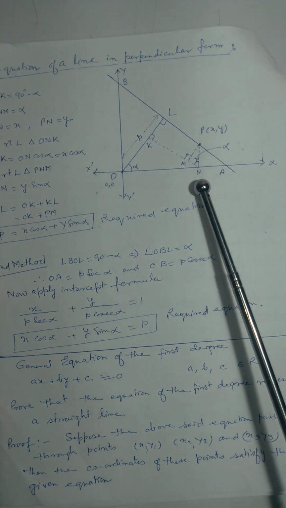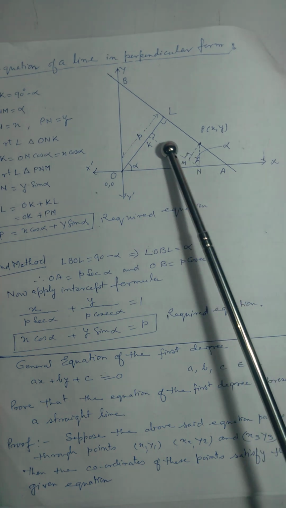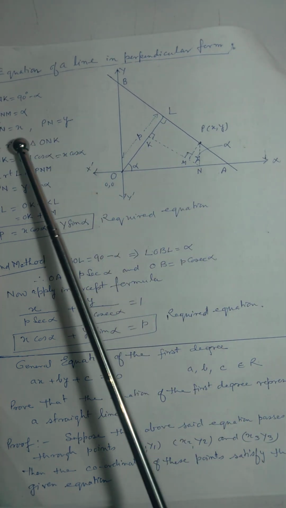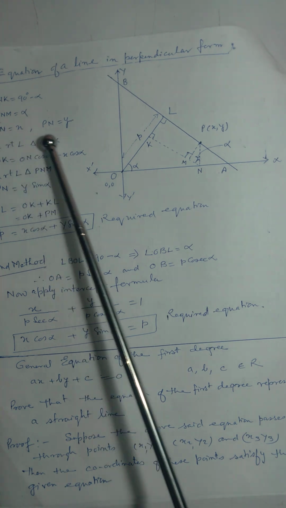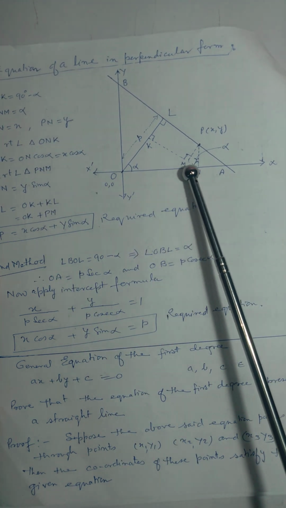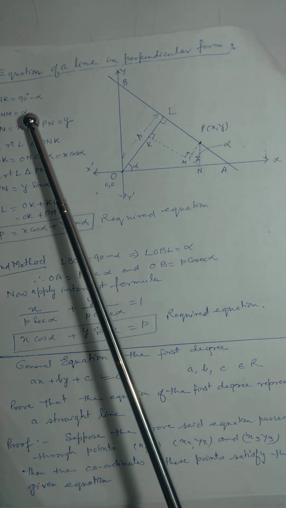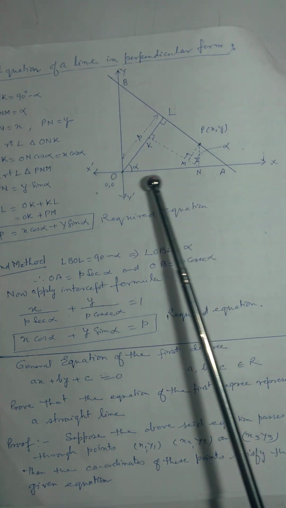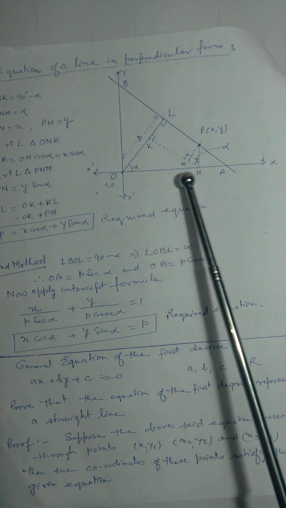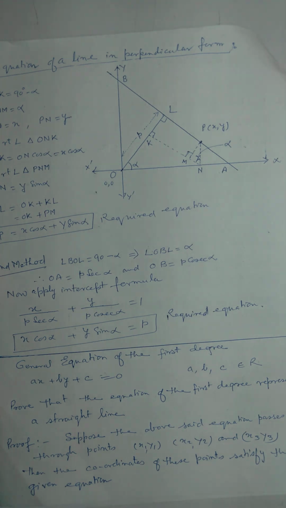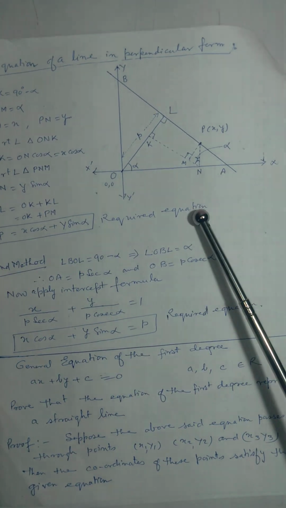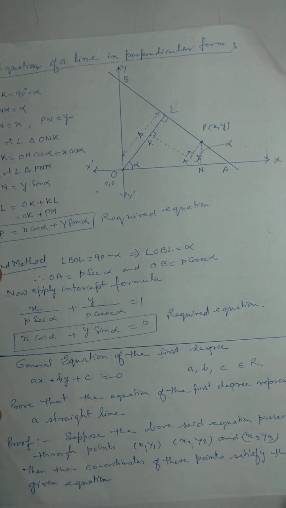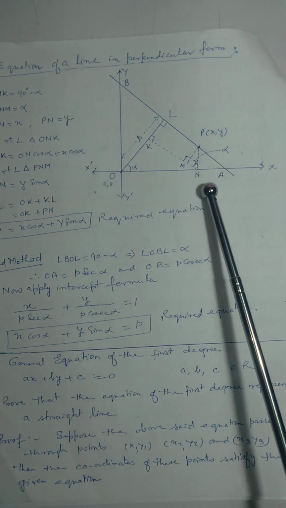I have dropped a perpendicular to the x-axis, with foot N, and from P a perpendicular to OL, whose foot is M. So ON is equal to x, the abscissa, because the coordinates of the point P are given as (x, y). PN is equal to y.